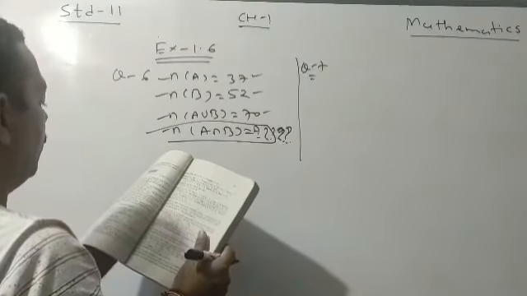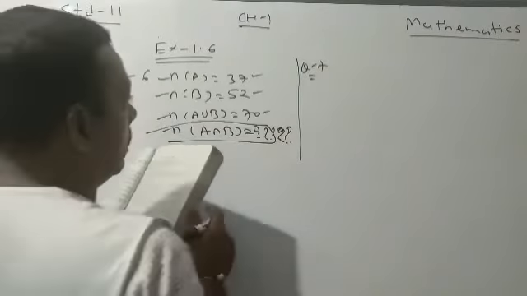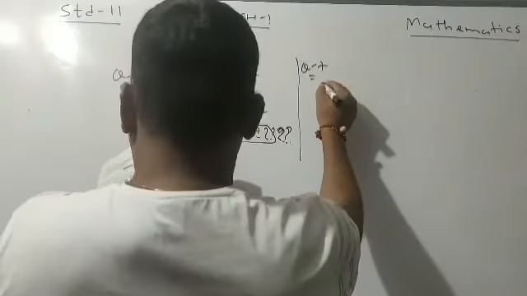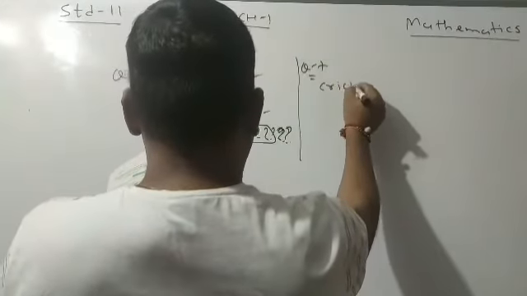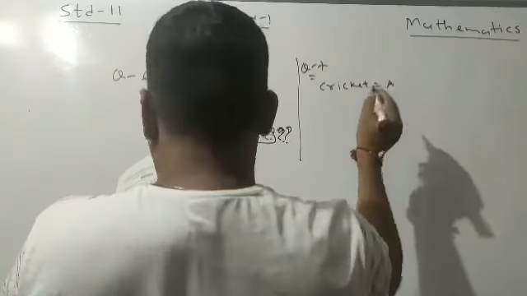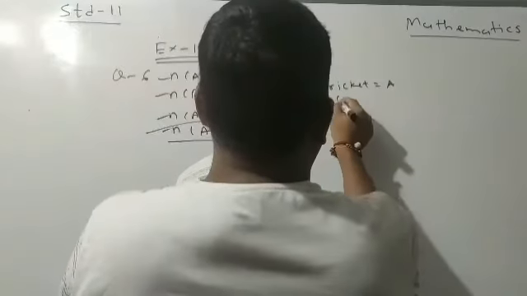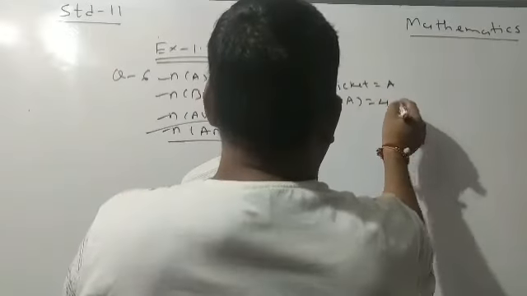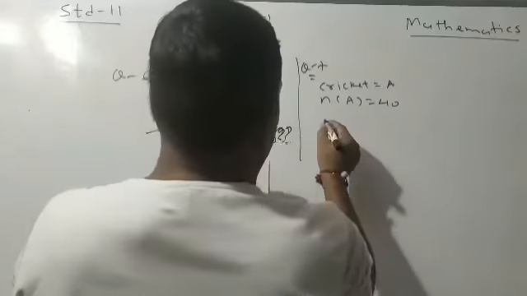Now in a group of 65 people, 40 like cricket. Okay, let it be considered that the set of people who like cricket is A. Then N of A is 40. Another game is tennis.